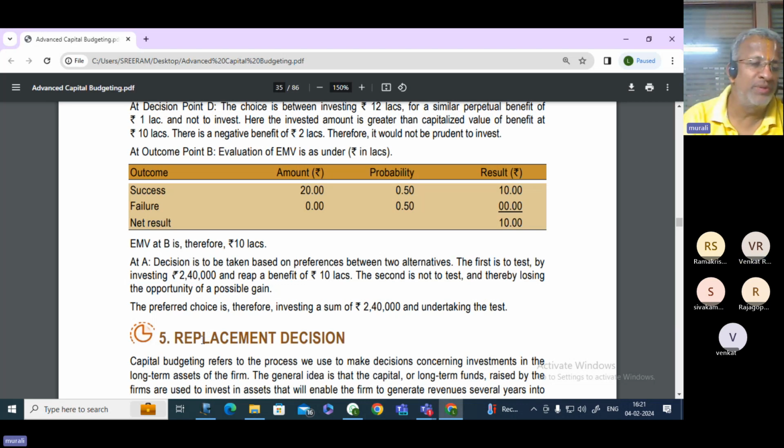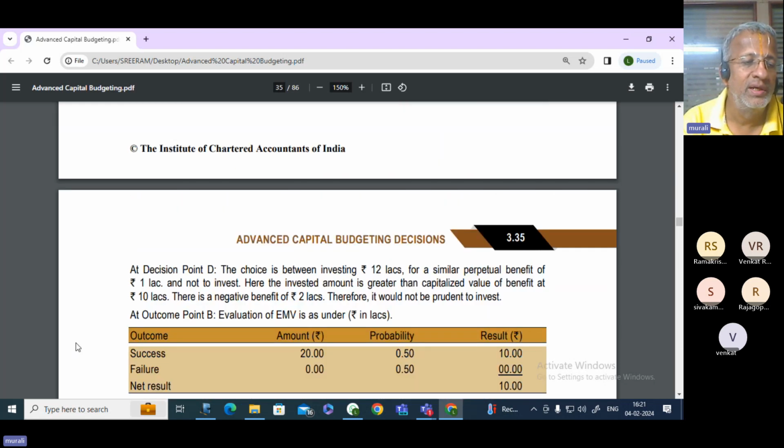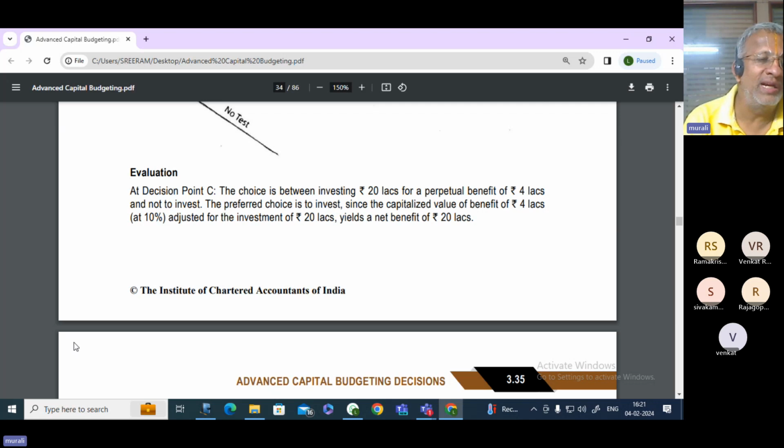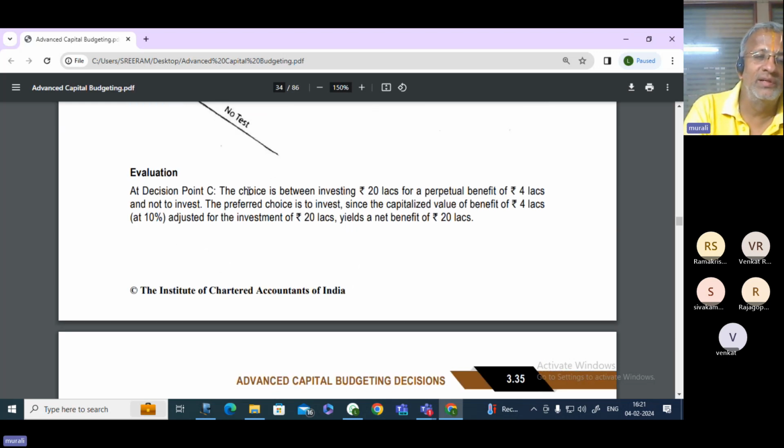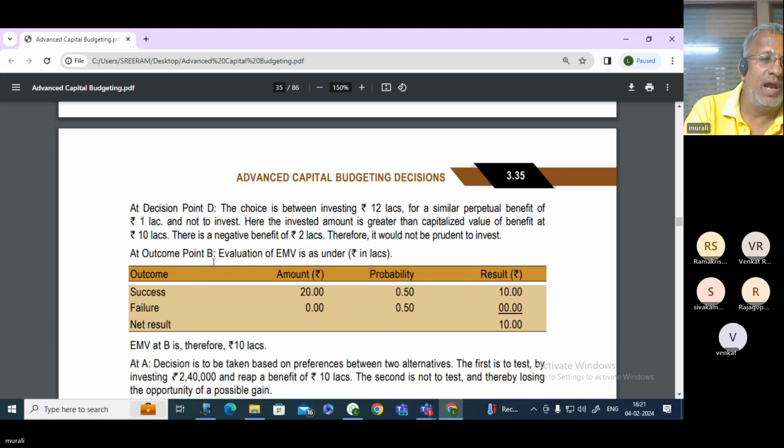So here they have not mentioned it as clearly as it was done here. They went on to tell at different decision points. At decision point C, the choice is investing. At decision point D, the choice is investing 12 lakhs for a similar perpetual.